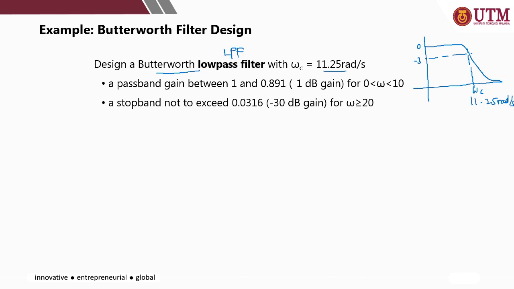And then a passband gain between 1 to 0.891, or minus 1 dB, for omega equal to 0 up to 10. Here is 11, so 10 is somewhere here. So this is the passband, I'll call it omega p, the passband frequency.